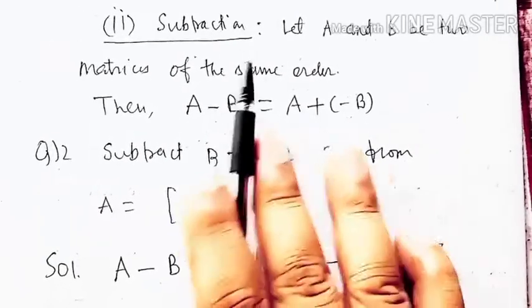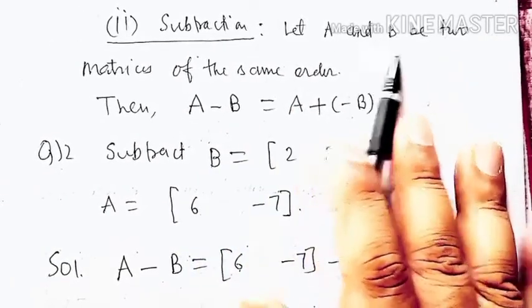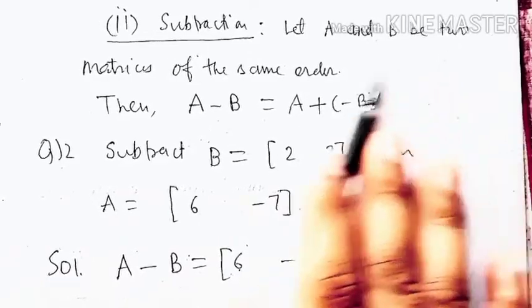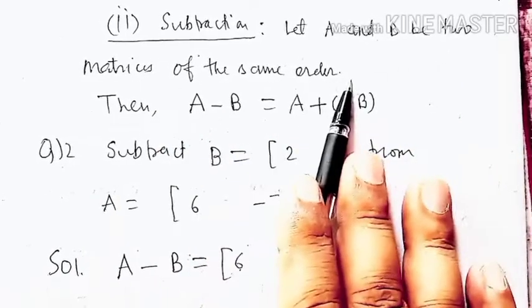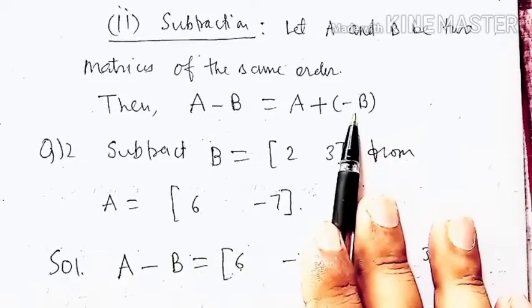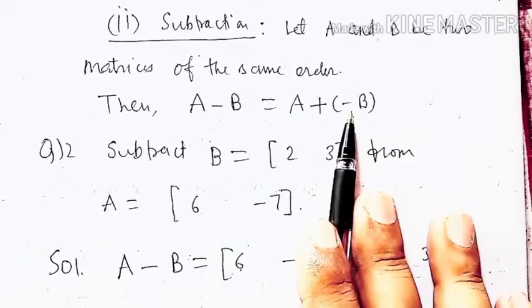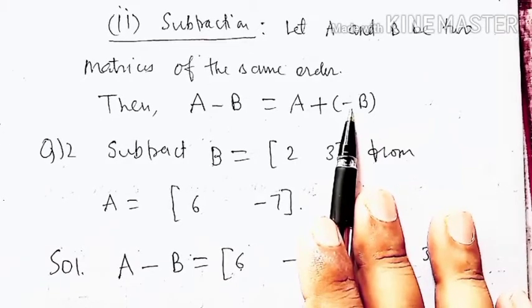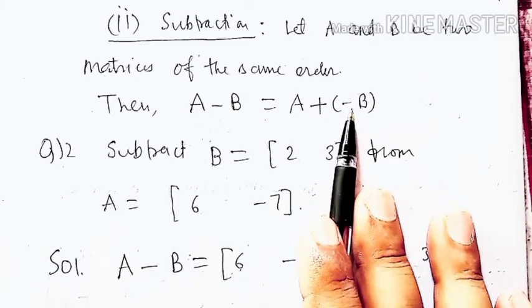Now subtraction. Here let A and B be two matrices of the same order. Then A minus B is A plus minus B. Here minus B is the negative of B, which is obtained on multiplying each element of matrix B with minus 1.